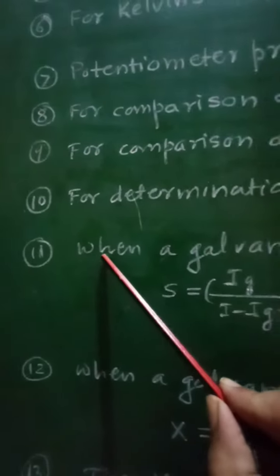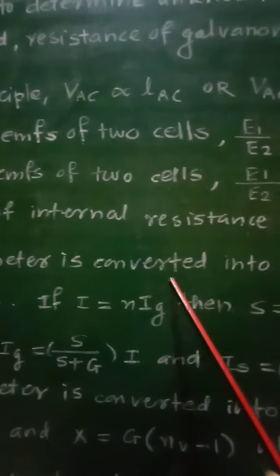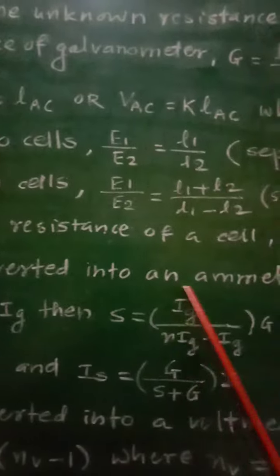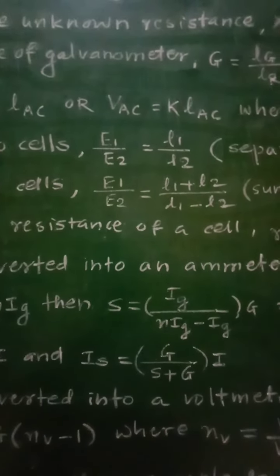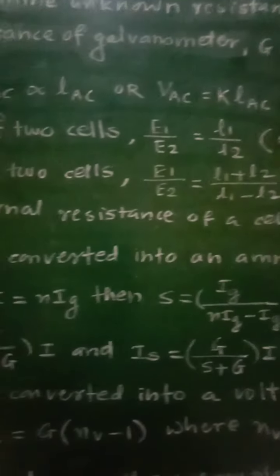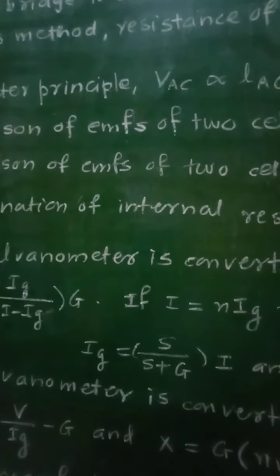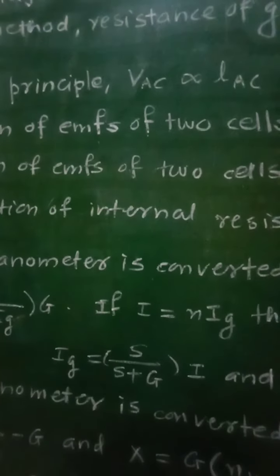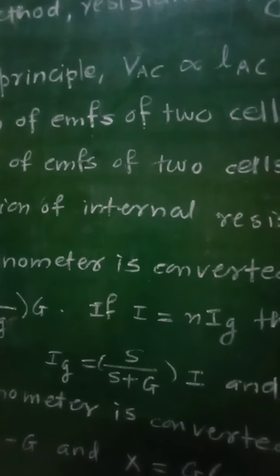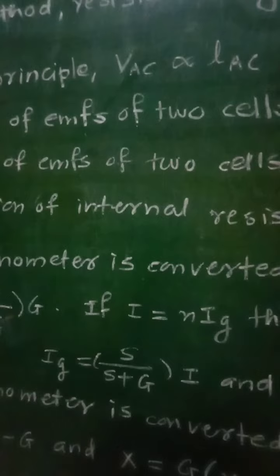Then next formula is when a galvanometer is converted into an ammeter. So when any galvanometer is converted into an ammeter, at that time we connect a resistance in parallel with the coil of the galvanometer.